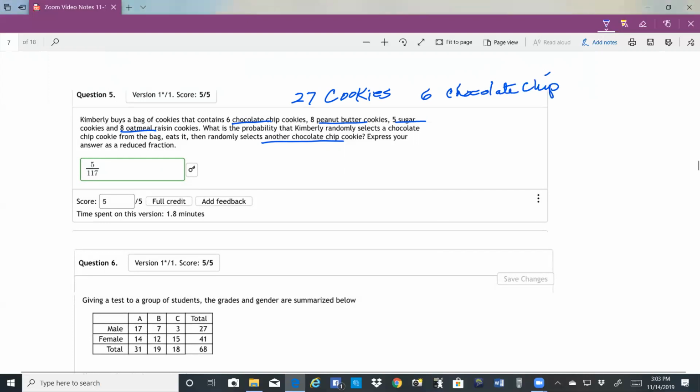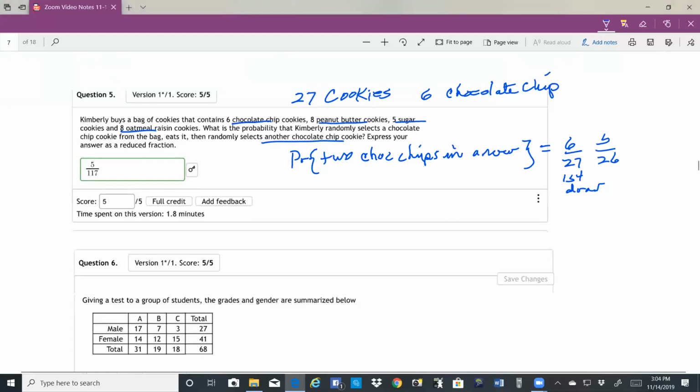So the probability of 2 chocolate chips in a row would be, there are 6 in there to start. 6 out of 27 would be for the first cookie, first draw, first pick. And then there are 26 left and 5 chocolate chips left.